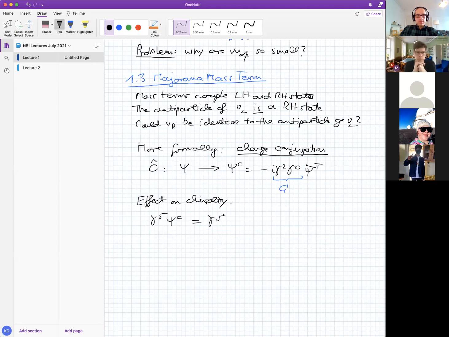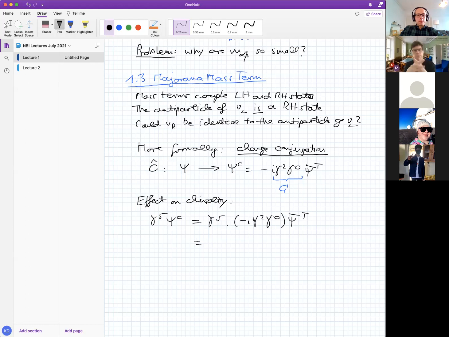So we want to calculate gamma 5 times minus I gamma 2 gamma 0 times psi bar transpose. Remember that psi bar contains a gamma 0. That gamma 0 together with this gamma 0 here gives 1. So I just have there minus I gamma 2 times psi star.